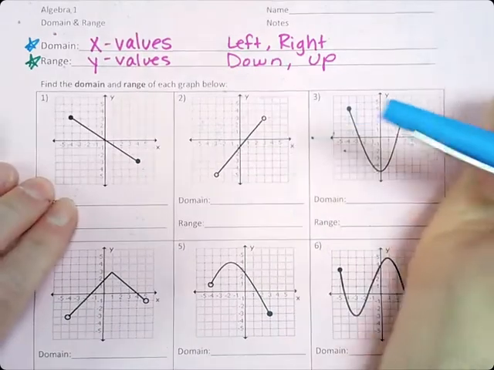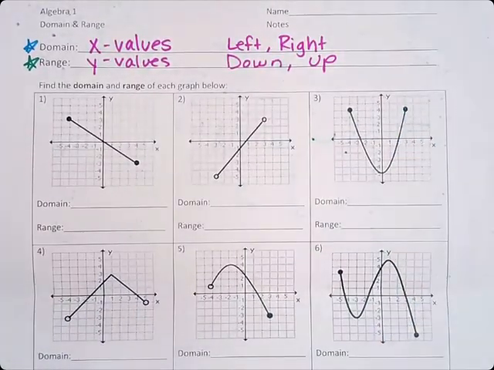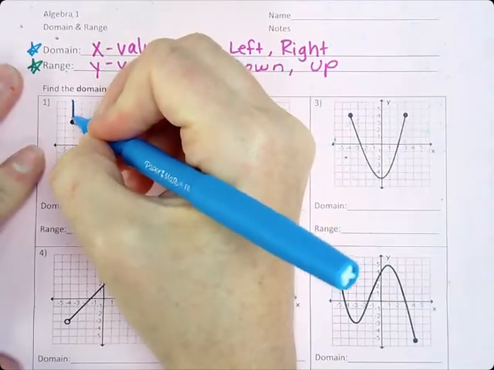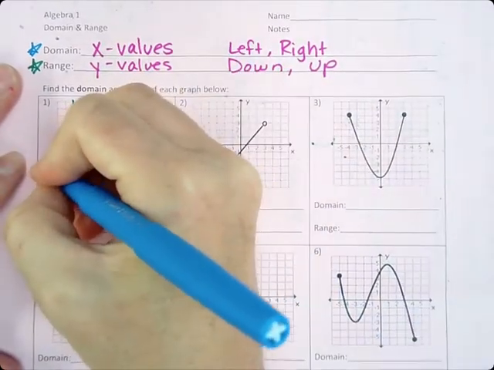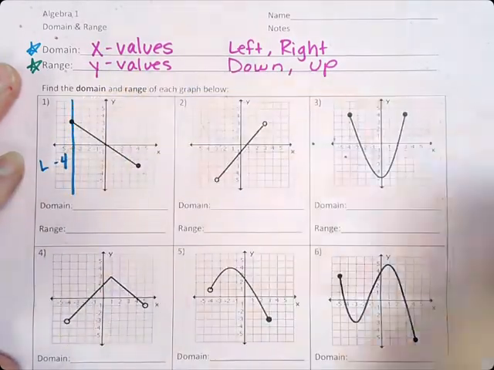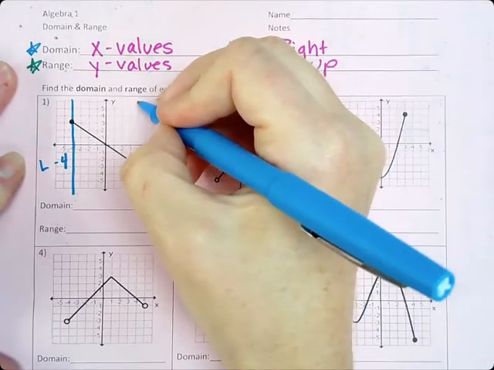Okay, so let's look at the first one. Left to right. So how far left does it go? Left is -4. And then how far right?